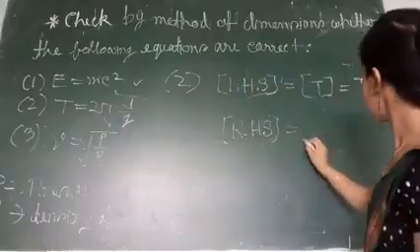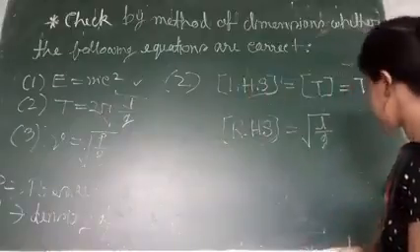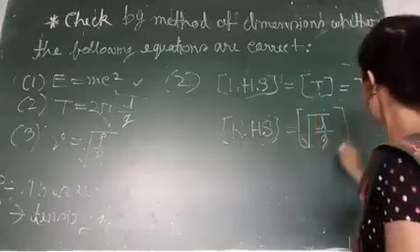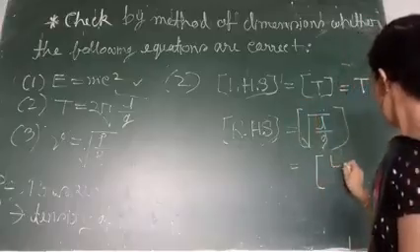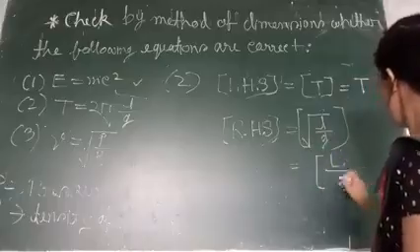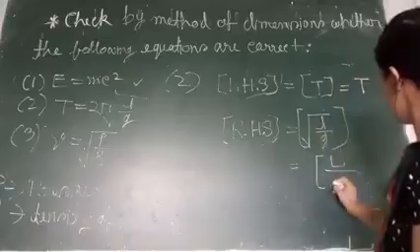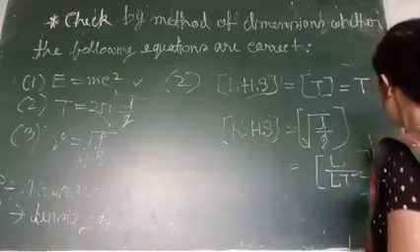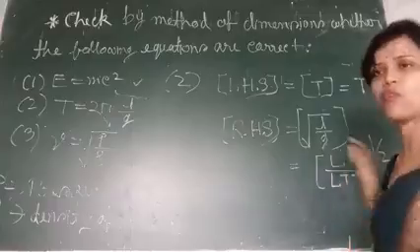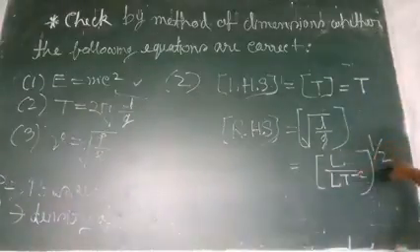Only we should write the dimension of L by g. So we will write in this way: L for L, and for g, this is L t to the power minus 2. For the root, we give the power as half.